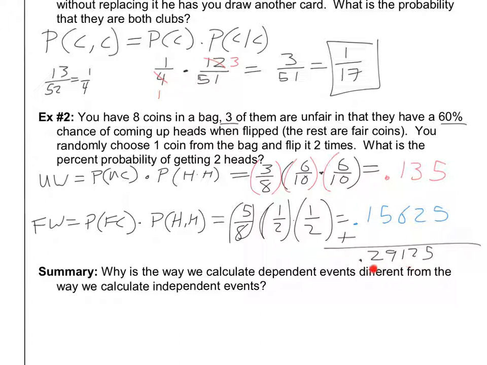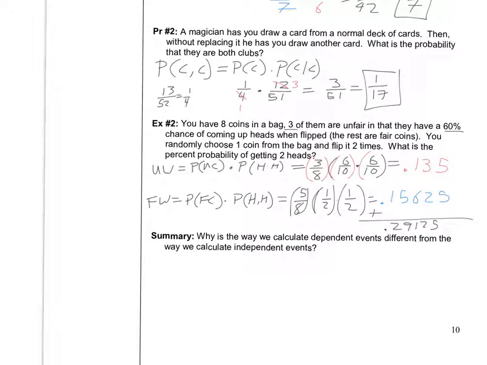So you might think, well, heads is a 50% chance. Why am I getting less than a 50% chance of getting heads, even though the coin's supposed to be in my favor? Well, let's think about what the probability would be if we only had fair coins. Remember, if we only had fair coins, the probability of getting heads and heads is just 1/2 times 1/2, which is 1/4.